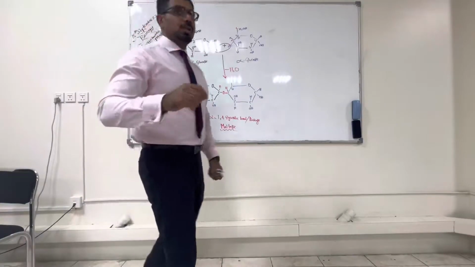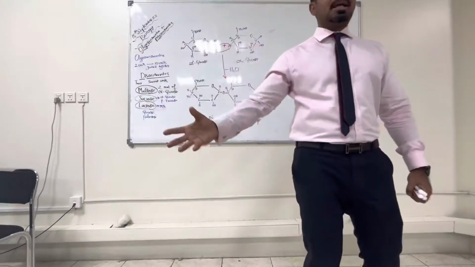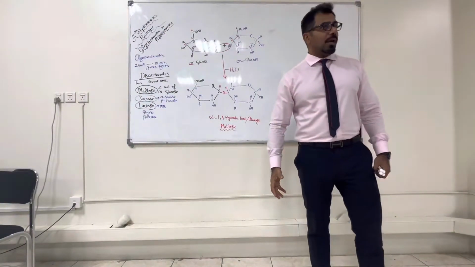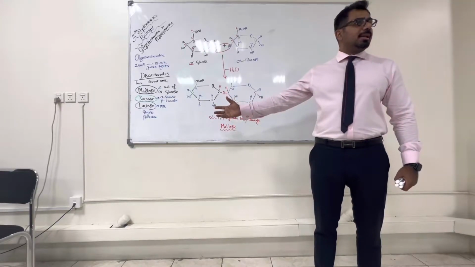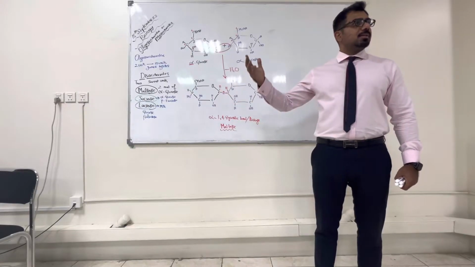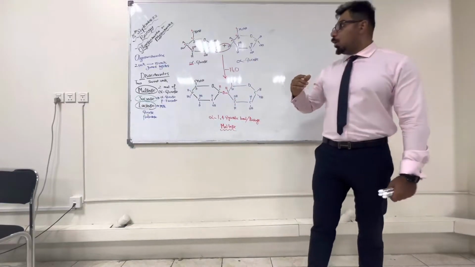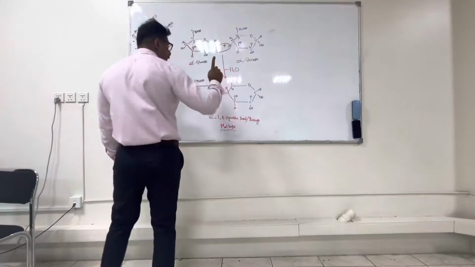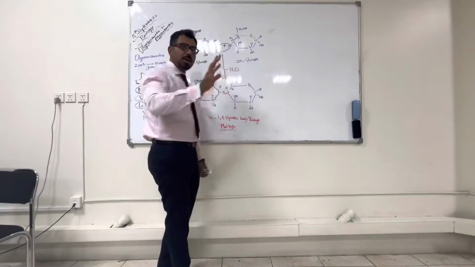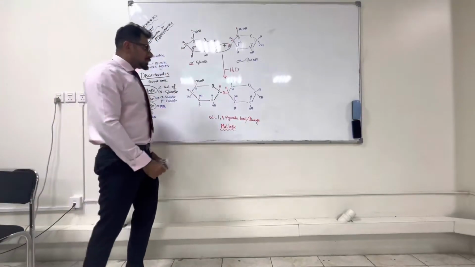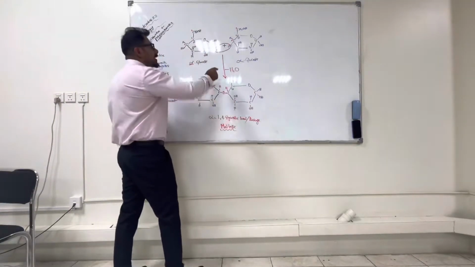Now, galactose structure is also a bit different from glucose, right? The empirical formula is exactly the same, C6H12O6. The only difference is, you see, in beta glucose, what did we discuss? Hydroxyl is up, hydrogen is down, right? In galactose, with this change, there is another change.